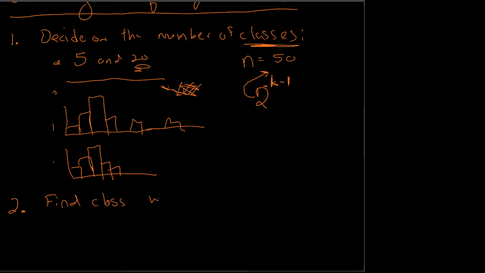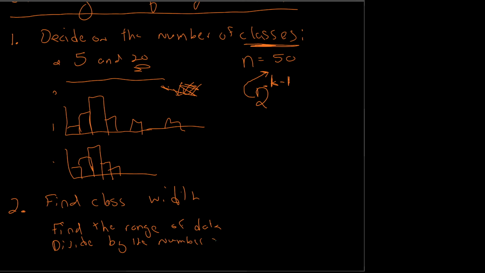And the class width is done by, you find the range of the data. Find the range of the data. And you divide it by the number of classes. But because this might have fractions and these are numbered things, you then round up.